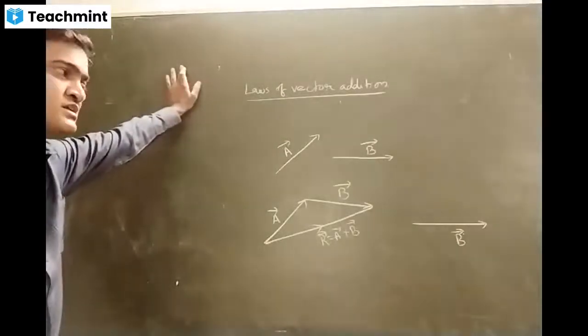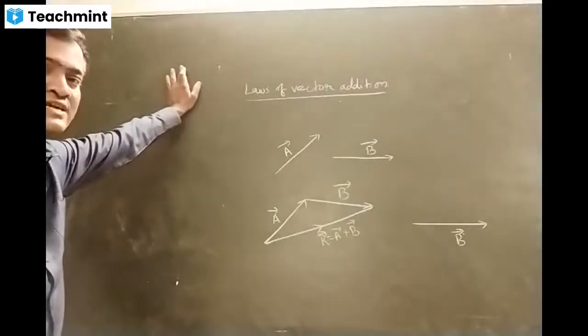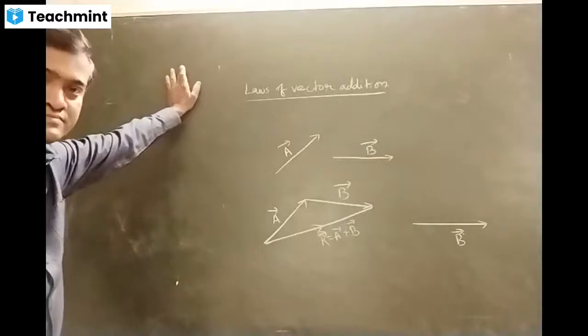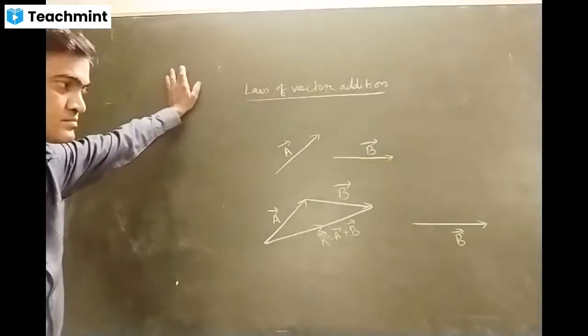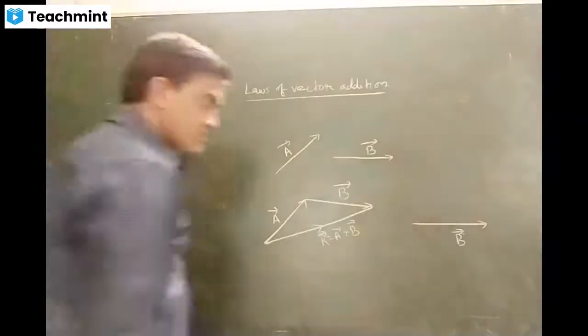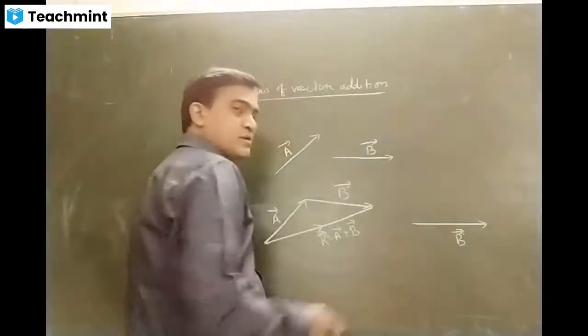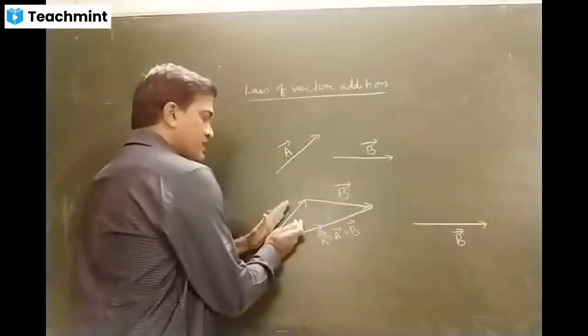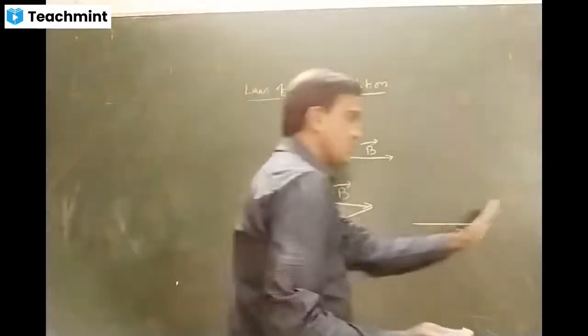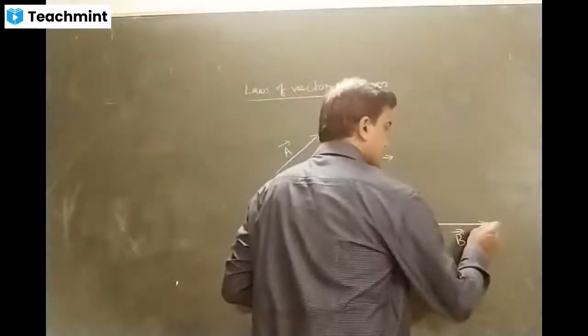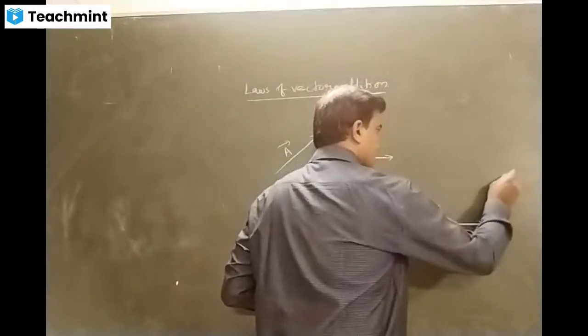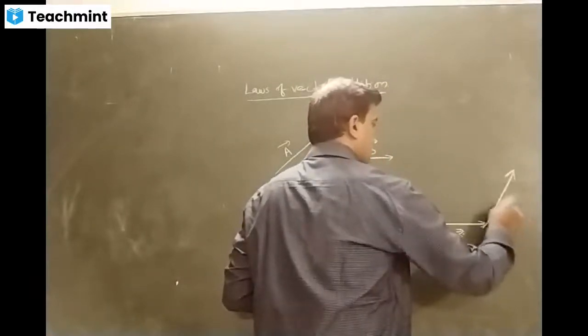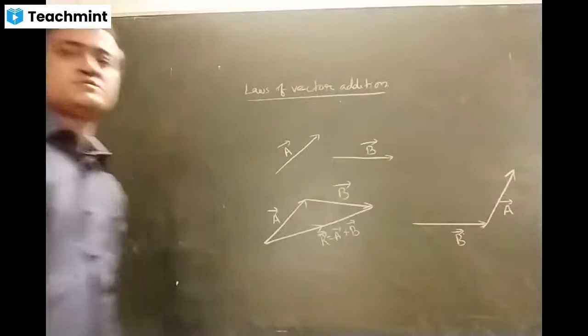If I consider A bar as the second vector, how do I add it to B bar? The tail of A bar should be added to the head of B bar. That means I can move this A bar parallel to itself, like this. Yes, sir.